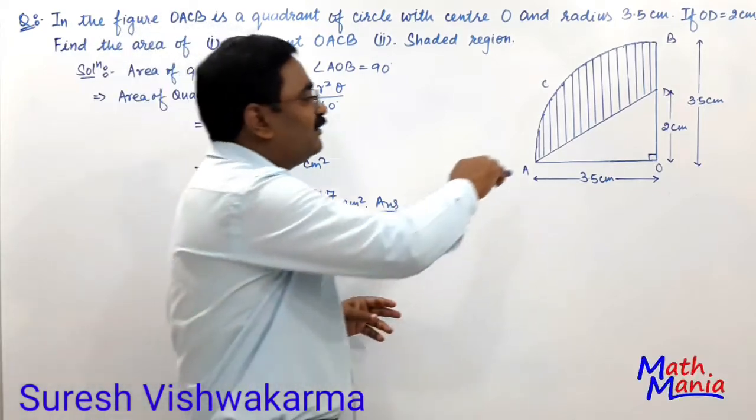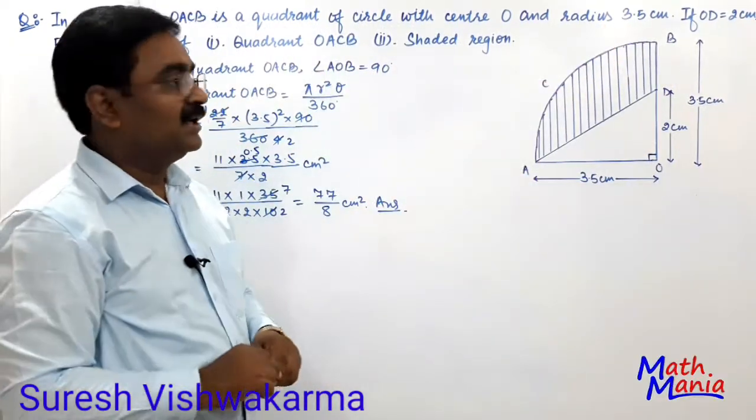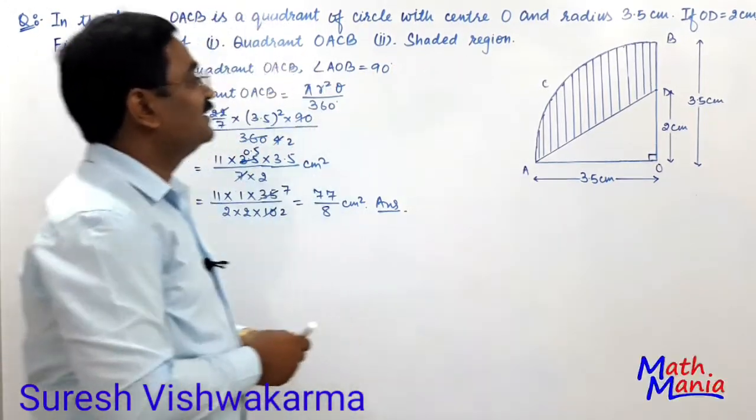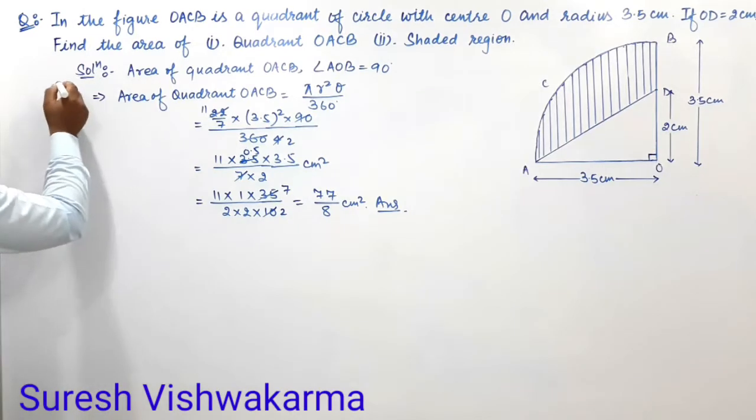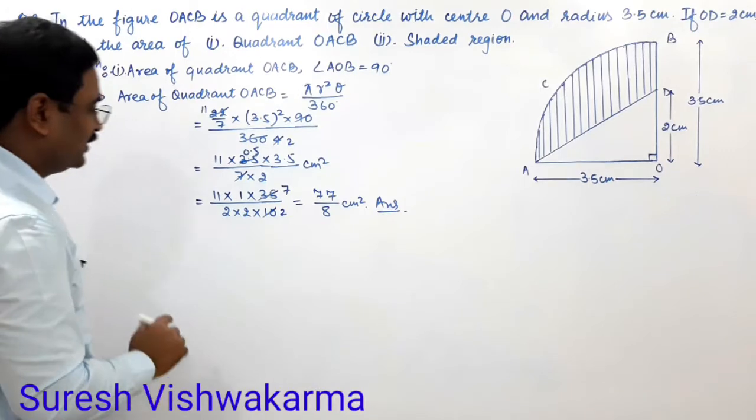Now this is the area of this whole quadrant OACB, meaning the fourth part of the circle. The question is asking for the second part, the area of the shaded region. So that was the first part. Let us start solving the second part of it.